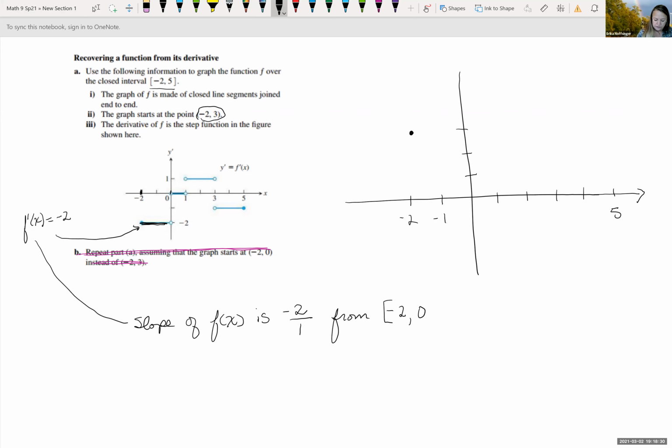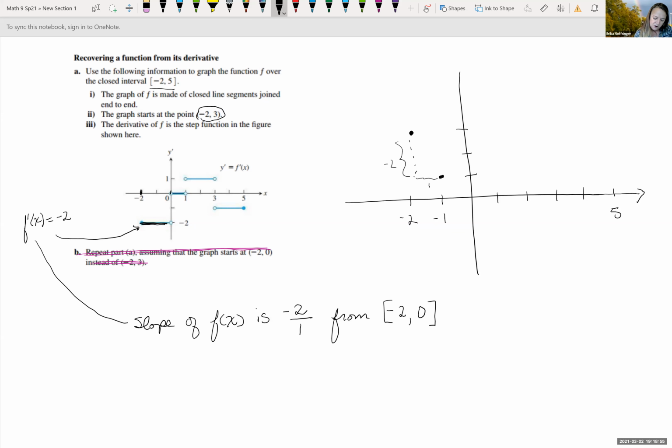to x equals 0. Since I have this point where I'm starting, and I know my slope is falling 2, I'm going to fall 2, falling 2, and running over 1. So here's another point on that piece.